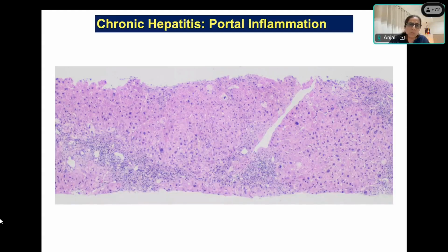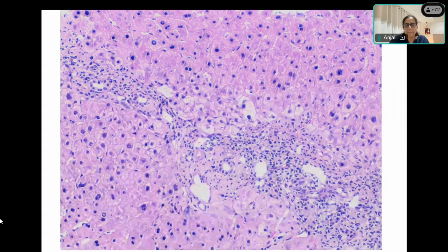Now let us go to liver biopsy. You can see over here, this is a linear core, and you can see one portal area, another portal area, and there is a lot of inflammation, and these are adjacent hepatocytes. This is higher magnification showing bile duct, then artery, vein. So this is portal area.